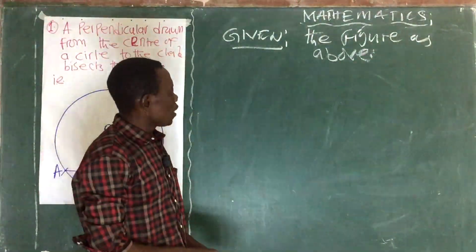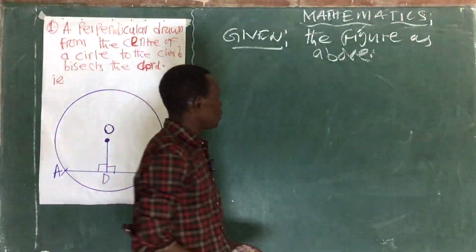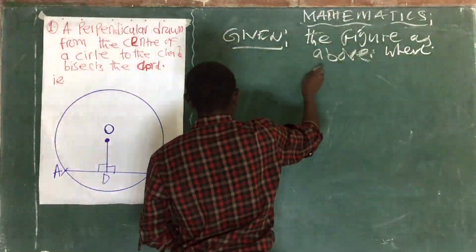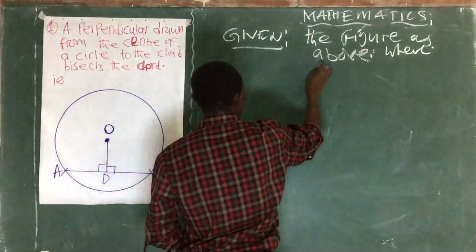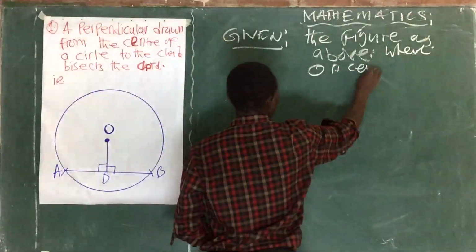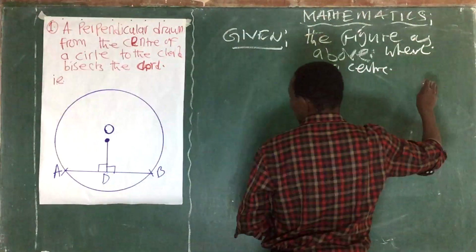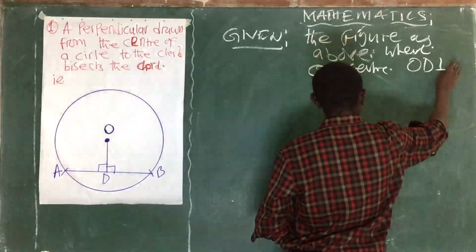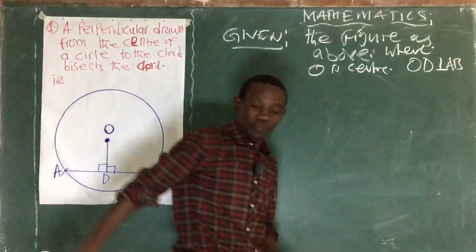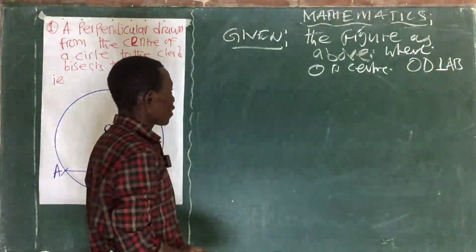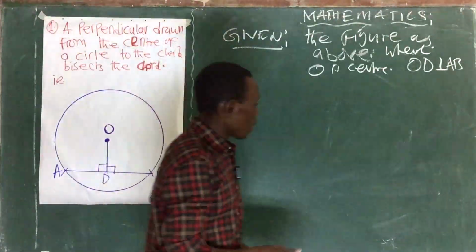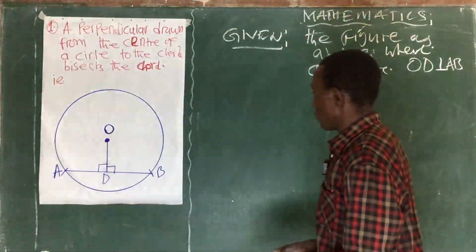You can state only the important variables within the figure, where in this case we can say O is the center, and OD is perpendicular to AB, right? This is very important information. The other parts of the figure are not all that relevant.